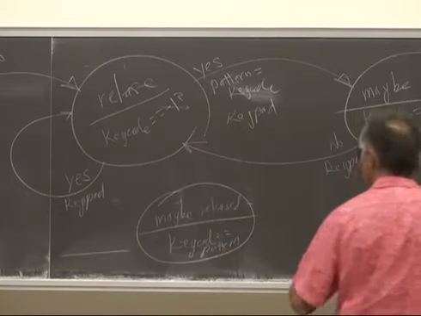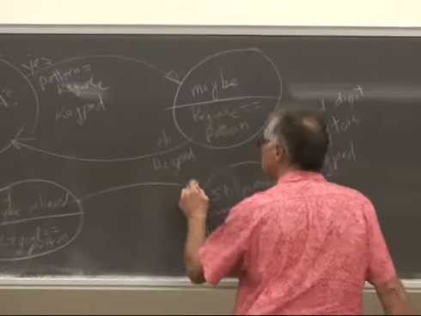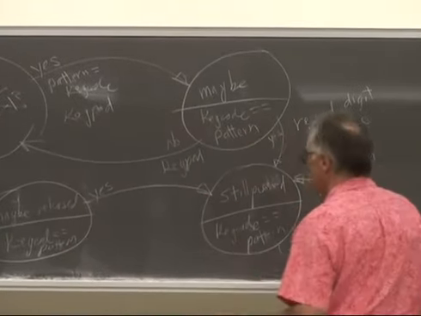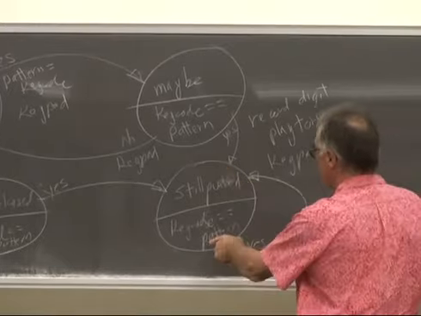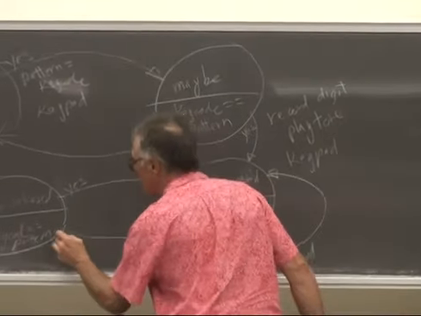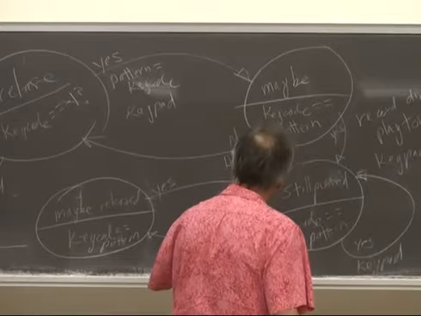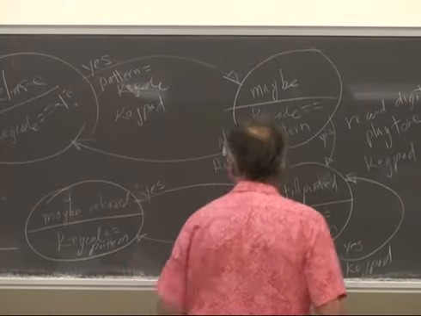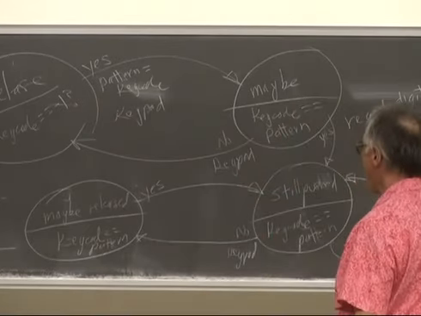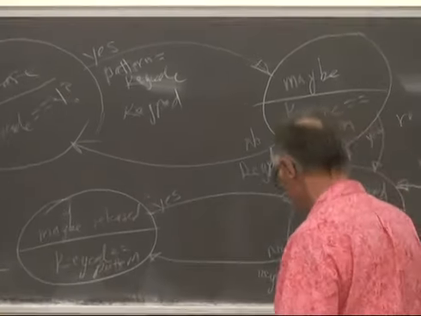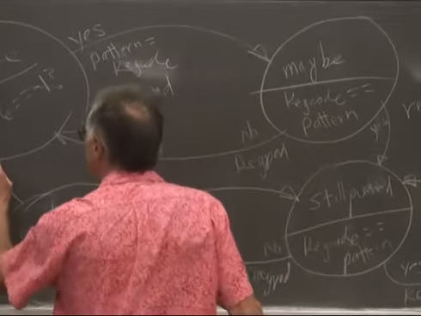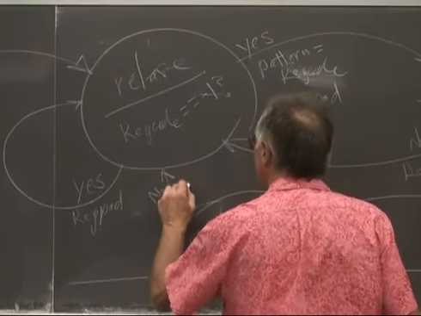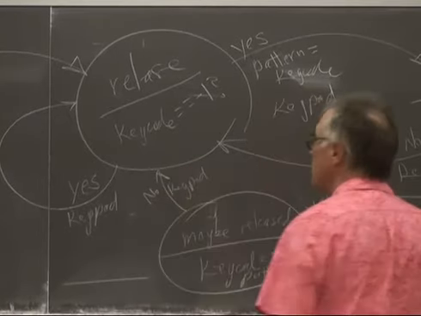If the answer is yes, we come back here. If we're not equal to pattern here, we go over here. So yes, no, call keypad. And if the answer is no here, then we know we're finally released, and we call keypad.